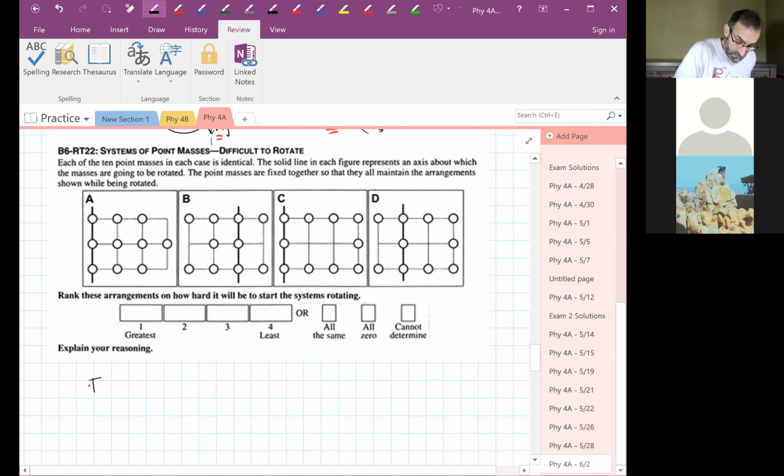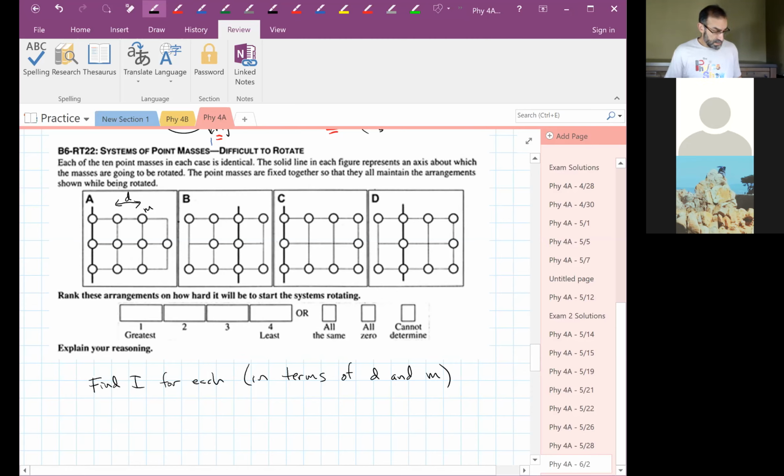I in terms of D and M, where each one of these has mass M, and this spacing is D. Okay, spacing is D, mass is M. So these little point masses are connected by some kind of massless rods.